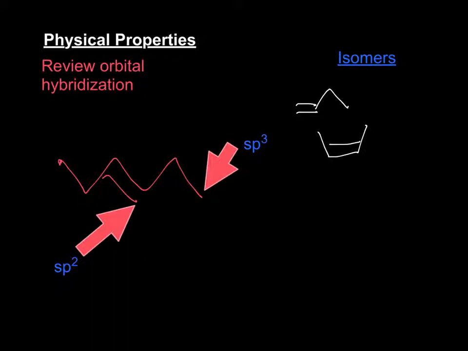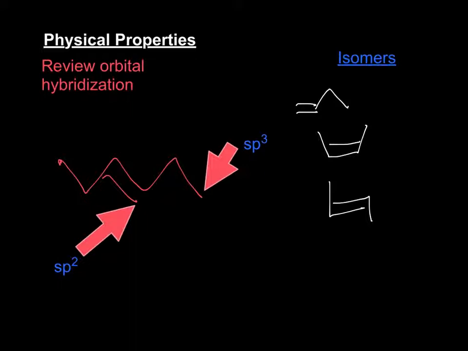We can either have the cis or the trans. So that's nothing new. And of these two, the trans would be more stable due to steric interactions. That would be less favorable on the cis than on the trans. The two methyl groups, the larger groups, are further apart than they would be in the cis.